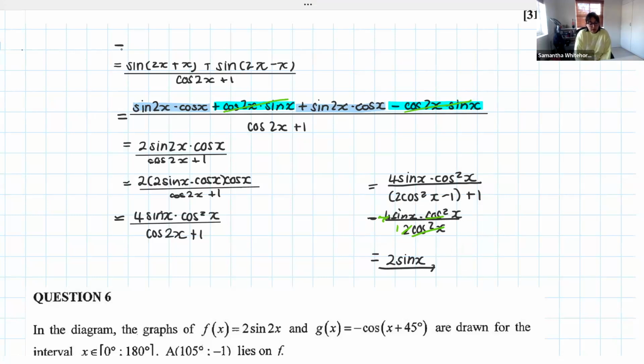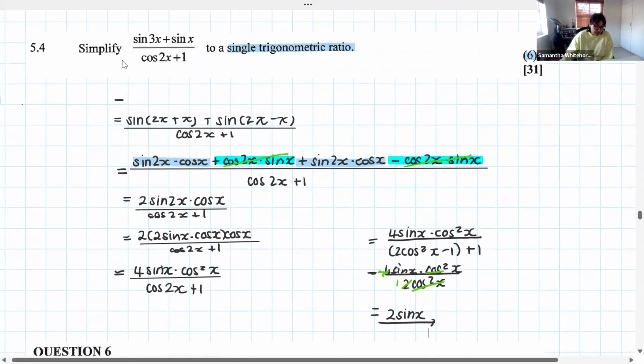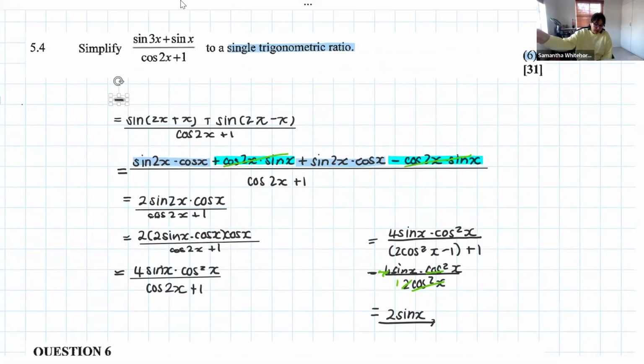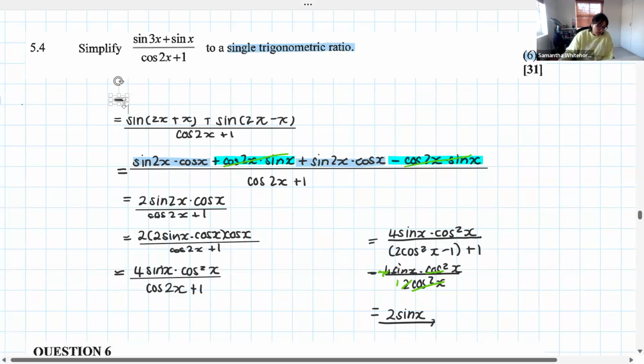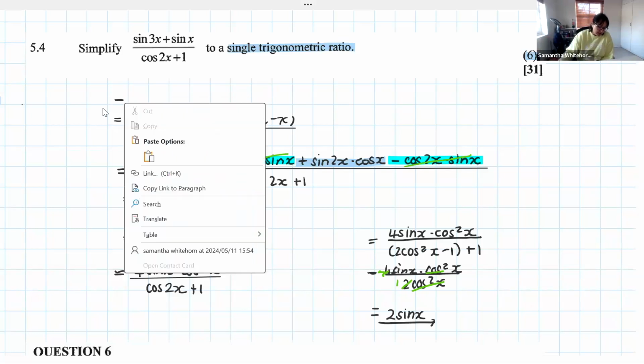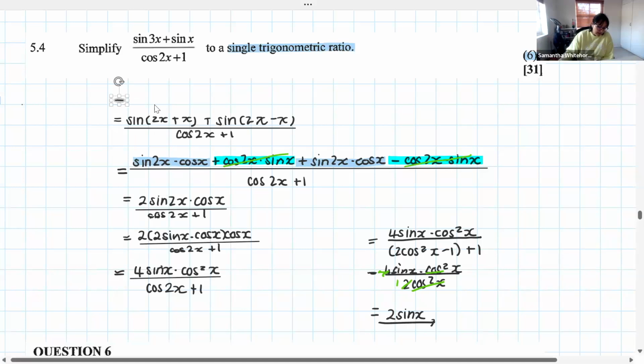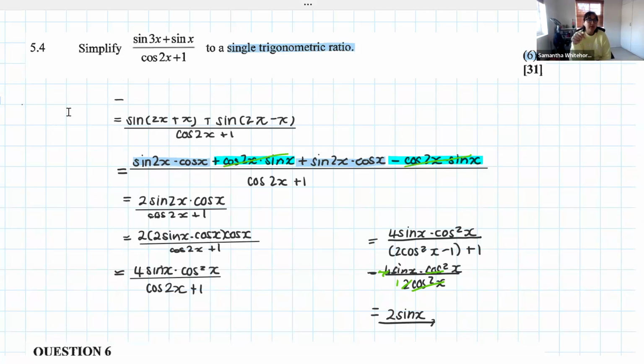So guys, when we get questions like this, when we're wanting to simplify to a single trig ratio, which is generally what the instruction tells me to do, when you've got so much going on, you need to start by looking at the things that you know need to change. So I knew that those angles needed to change because none of them were the same. Only way to get a single trig ratio is to get your angles the same.